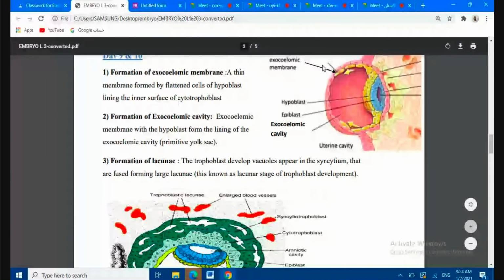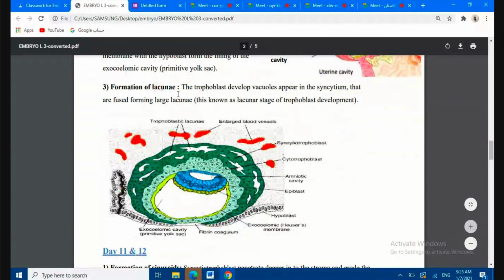Okay. So the third one is the formation of lacunae.